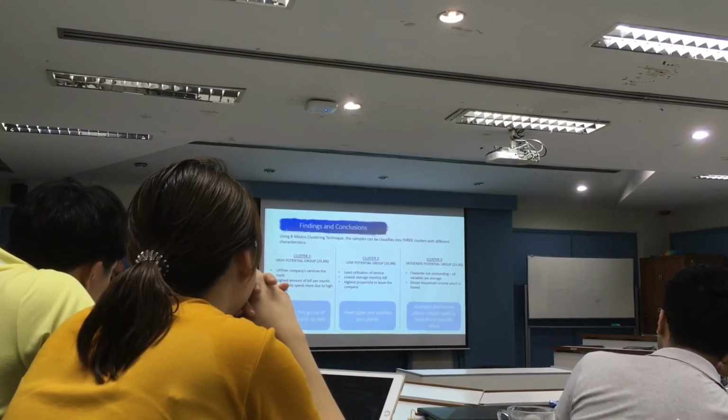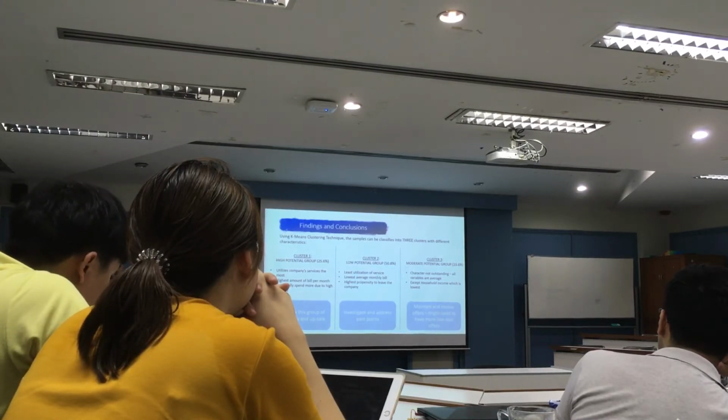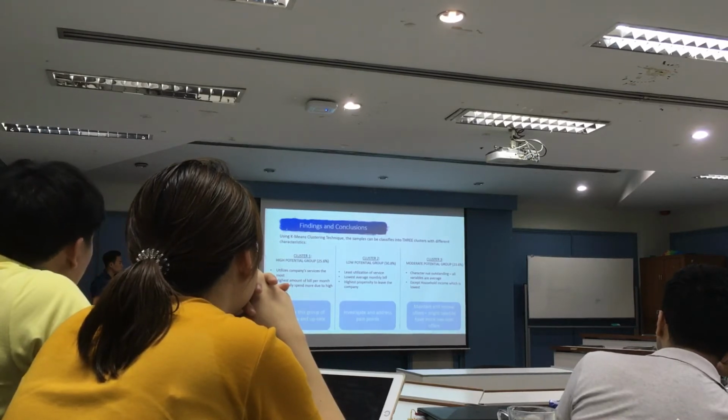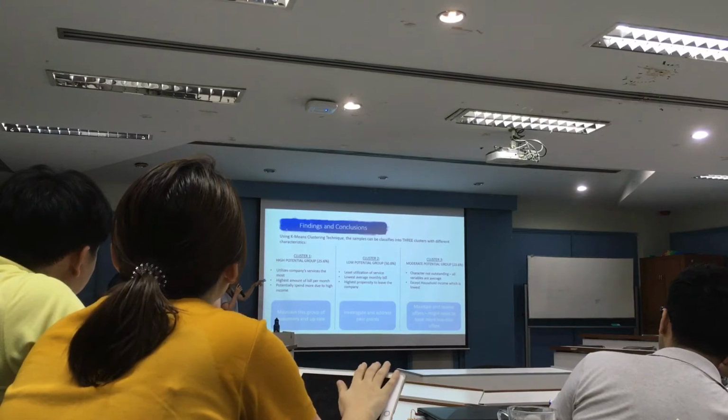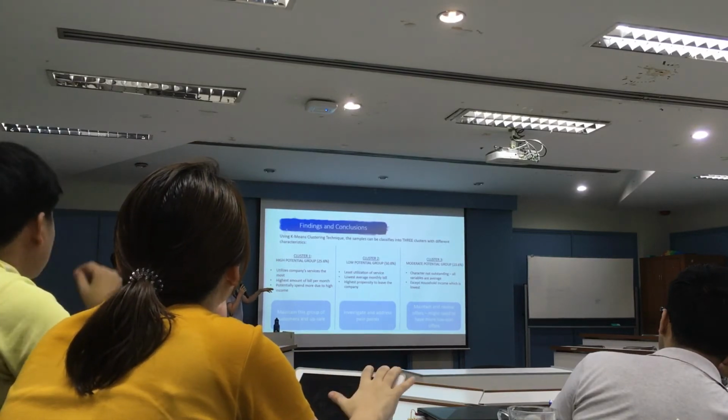And for the conclusion, as P5 already mentioned, we have three clusters of customers. So in summary, we can say that cluster 1 is the high potential group, cluster 2 is the low potential group, and cluster 3 is the moderate potential group in the middle.